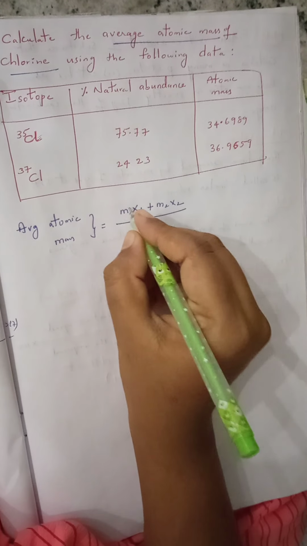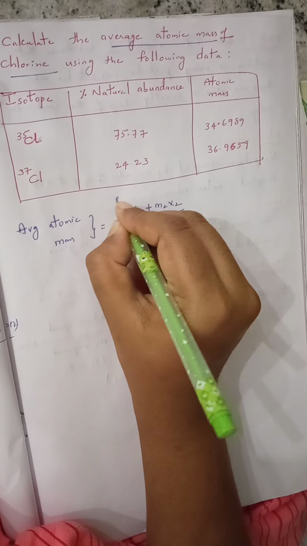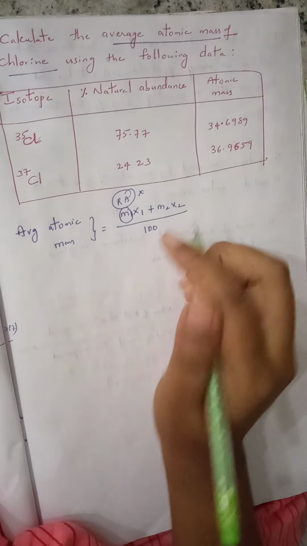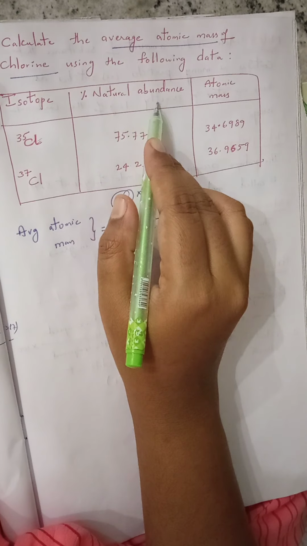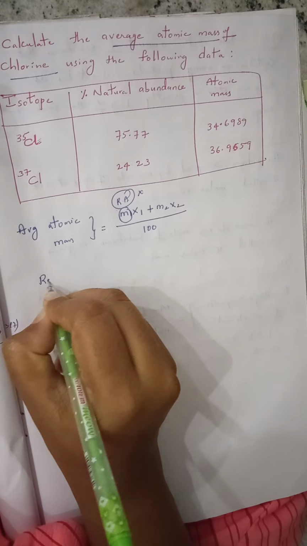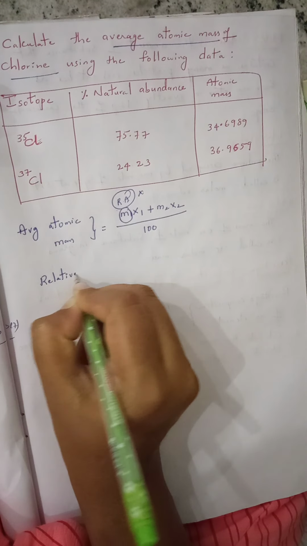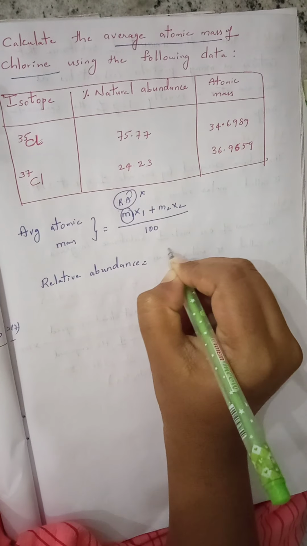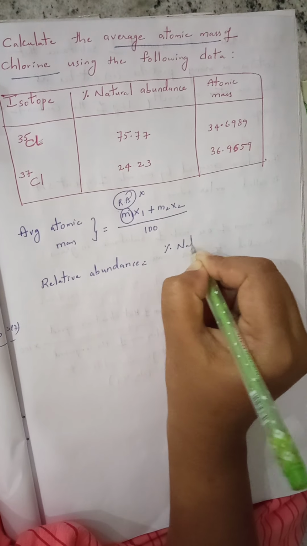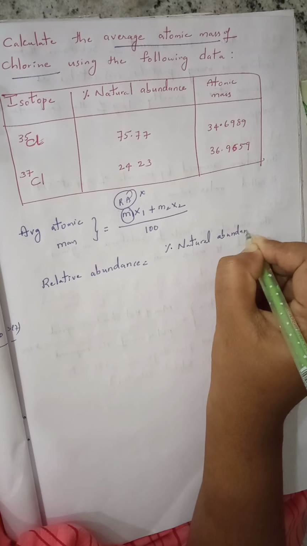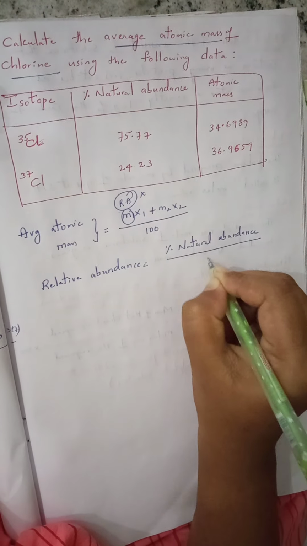Okay, here the m1 value is relative abundance, but they didn't give relative abundance, they have given natural abundance. You want to convert this percentage of natural abundance into relative abundance. The formula for relative abundance is equal to percentage of natural abundance divided by 100.